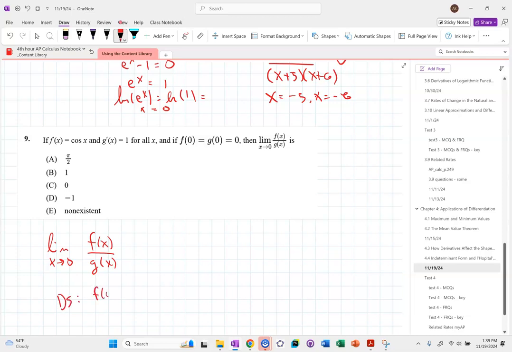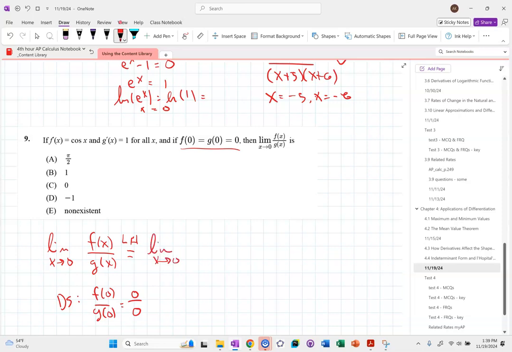So that would be f of 0 over g of 0, and the problem tells me that f of 0 is 0 and g of 0 is 0. That's one of those indeterminate forms, right? There are 7 of them. When I get one of those, it means I should be doing L'Hopital on it. Now, this one's already written as a fraction, so it's ready-made to go.